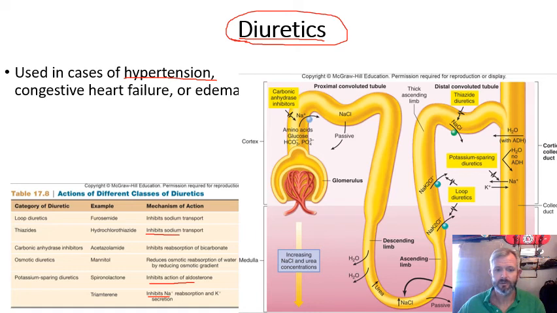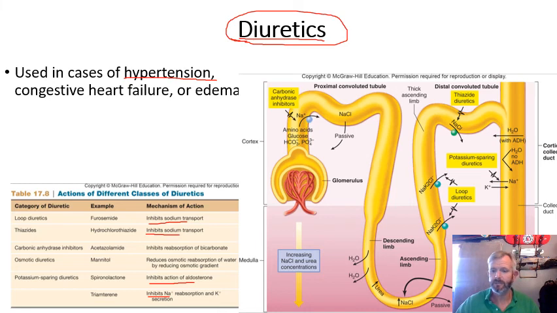Inhibits sodium transport. So many of these diuretics, their effect is to prevent the sodium being reabsorbed, and therefore what will happen to the reabsorption of water? The reabsorption of water will also go down. And what will happen with our blood pressure? Our blood pressure will go down.